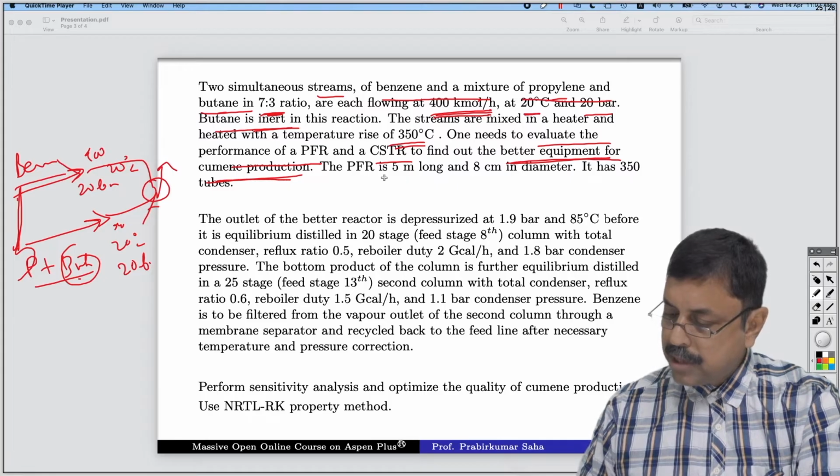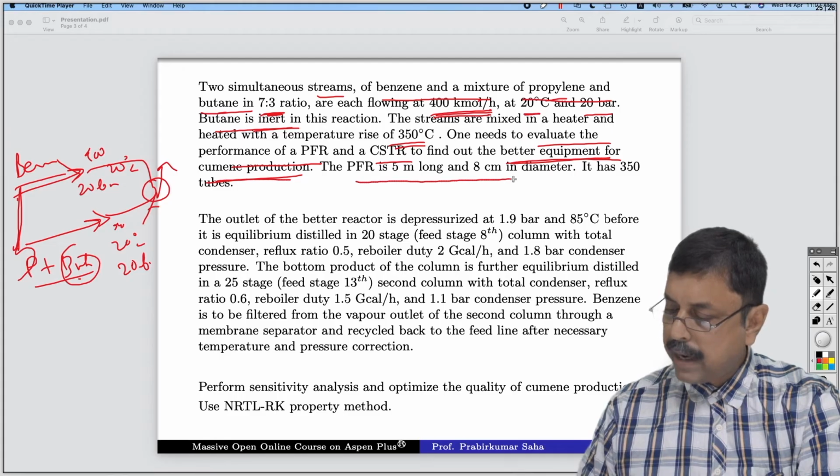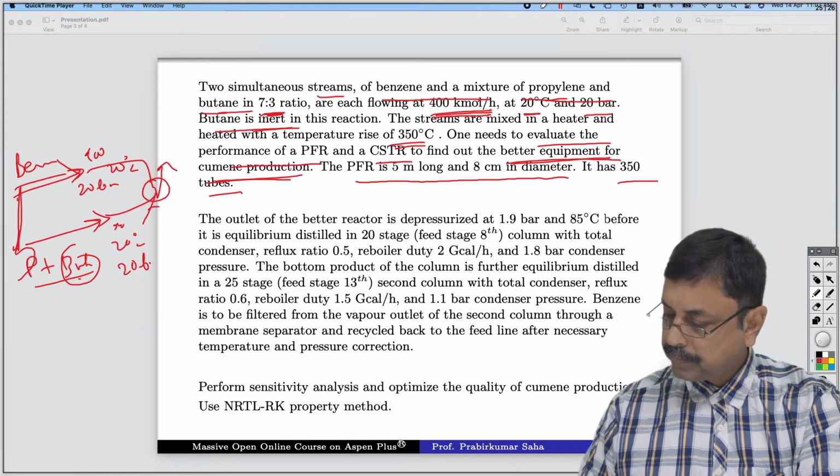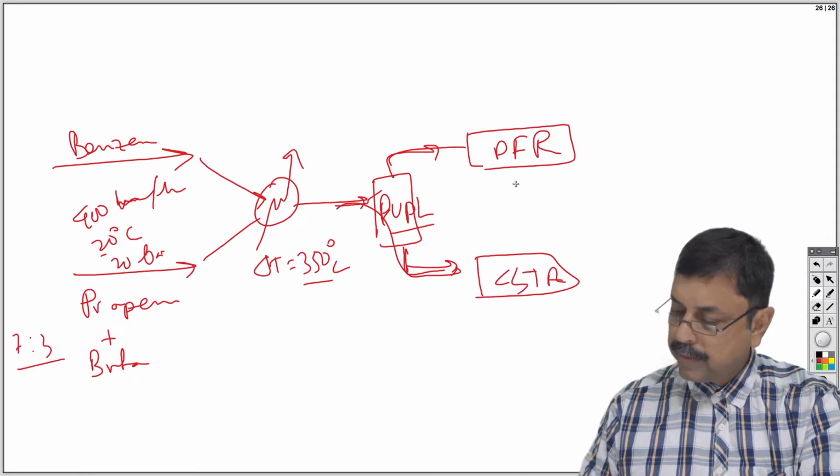The PFR dimension has been given. PFR is 5 meter long and 8 centimeter in diameter. It has 350 tubes. So this is 5 meter length and 8 centimeter diameter, 350 tubes.